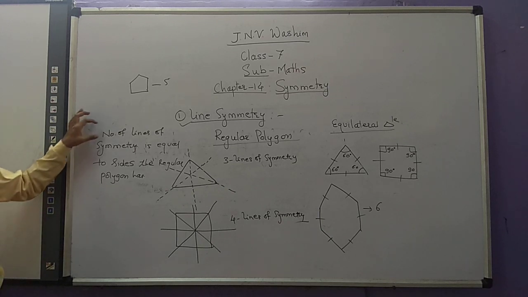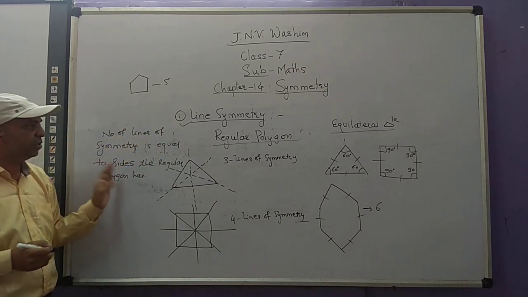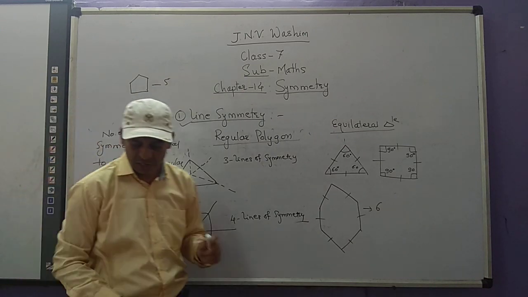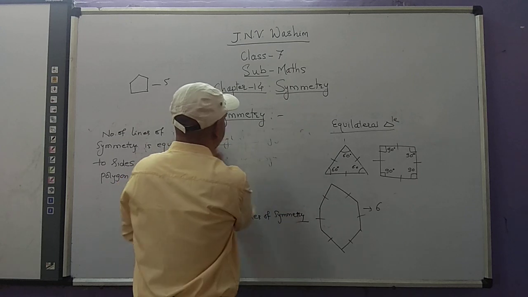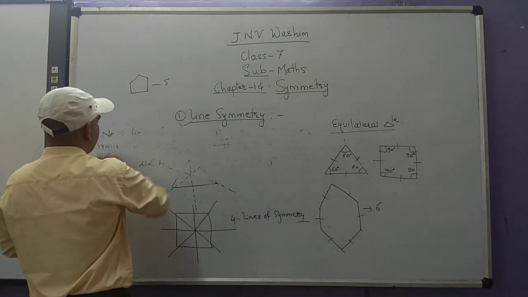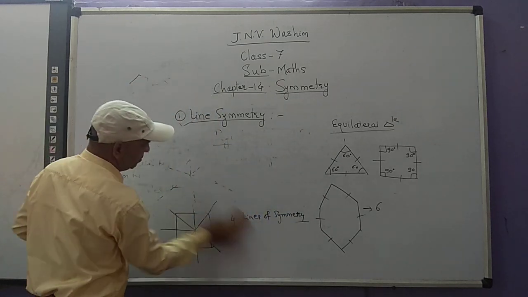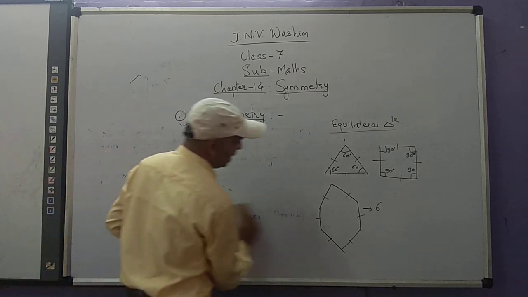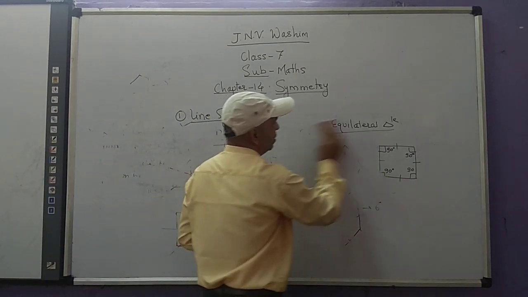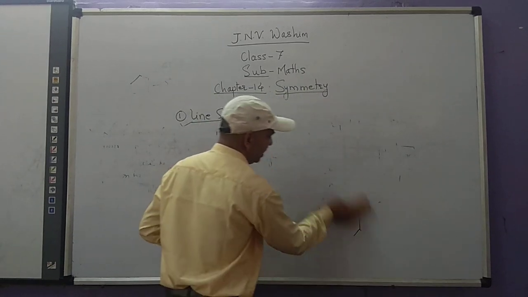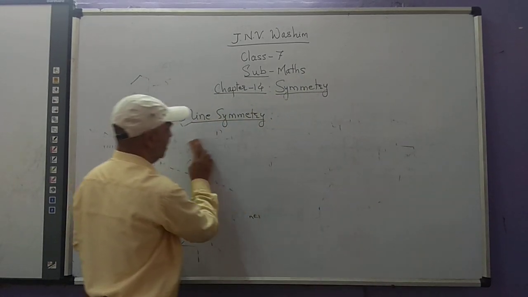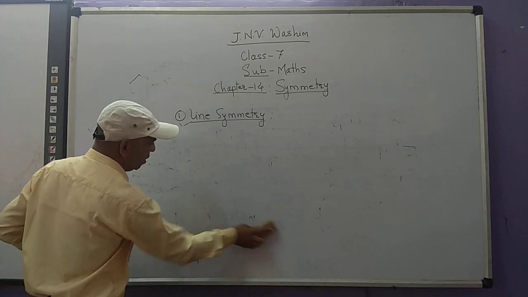So remember that in case of regular polygons, the number of lines of symmetry is equal to the sides the regular polygon has. Now we take another type of symmetry. These were about lines of symmetry. We discussed the lines of symmetry in case of English alphabets and in case of regular polygons.